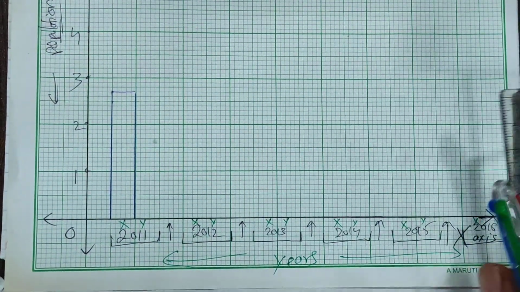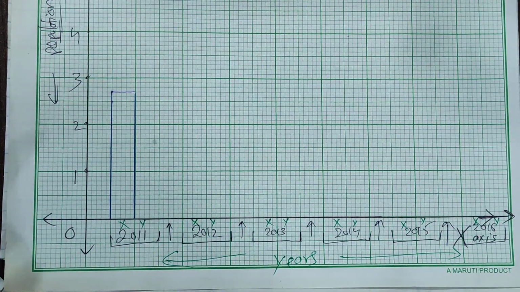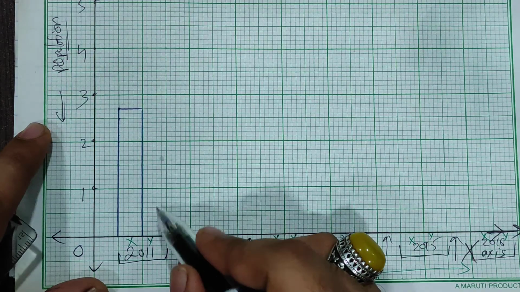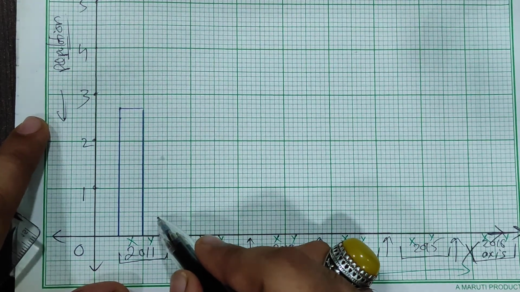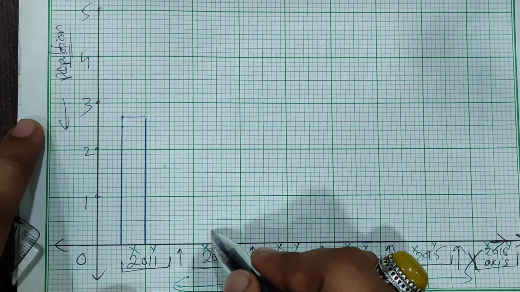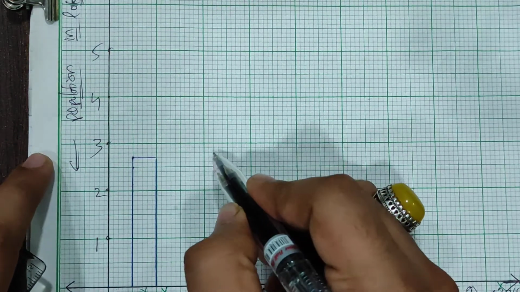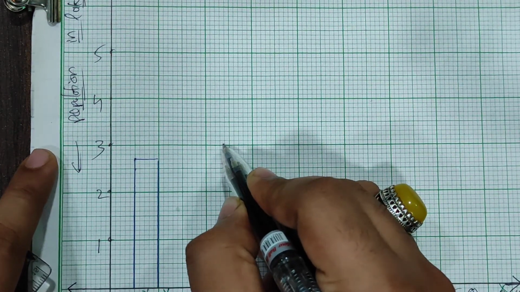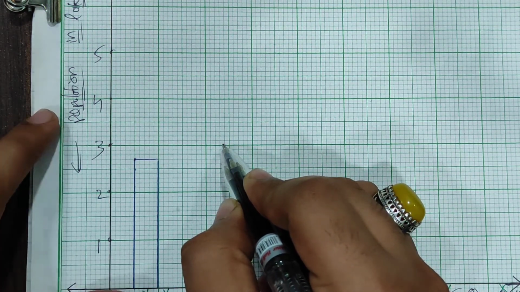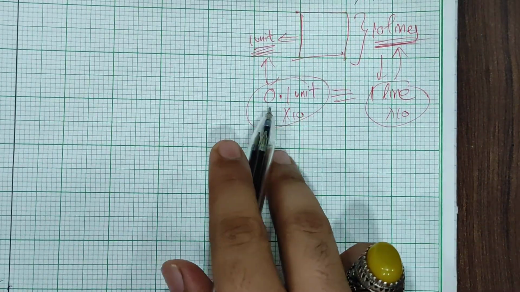So 2012, here it is. And it is 3.5 for city X. See, this is for Y. I'll leave this blank, I'll do it afterwards. And this is for city X. It's 3.5. So this is my 3 and 5. So what will 3.5 be? 5 small lines, because one line is 0.1 units.